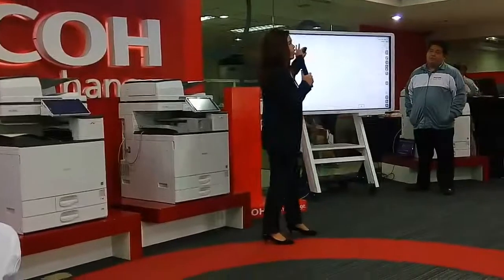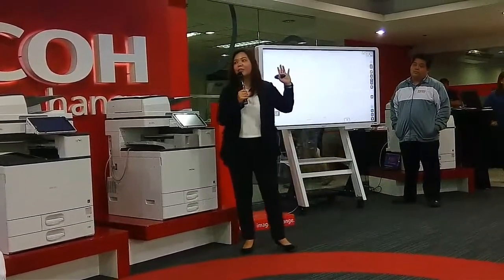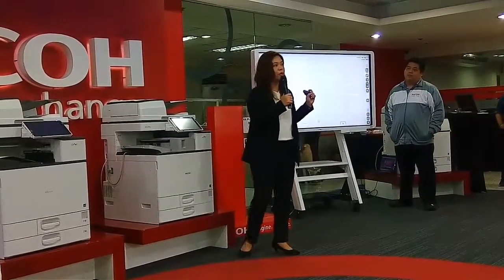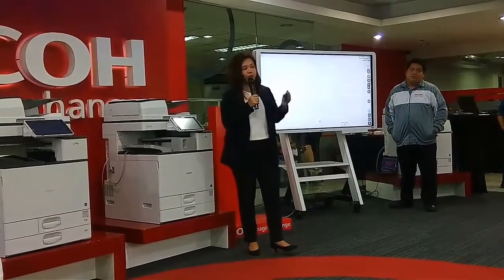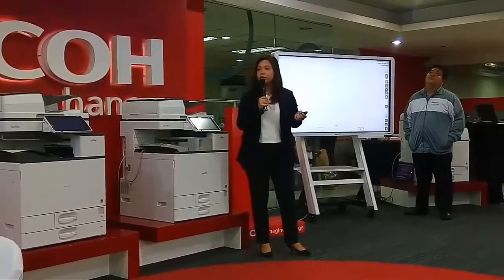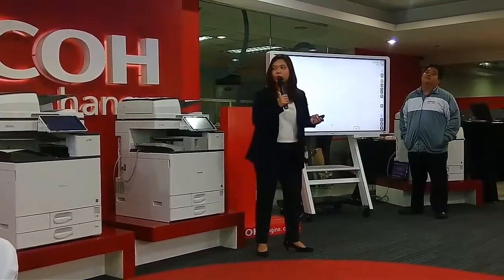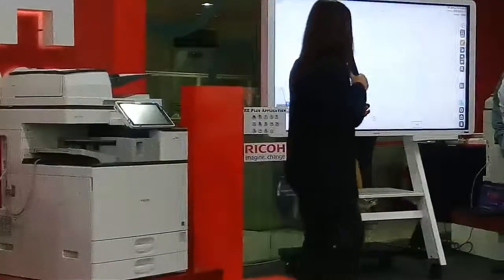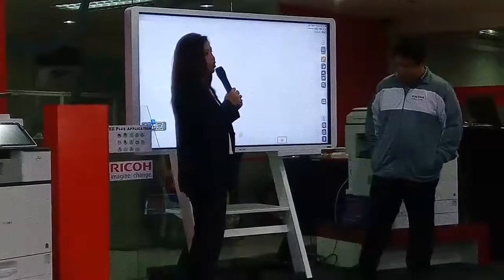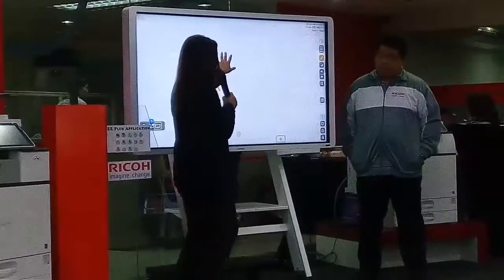So 4 fingers you can use at the same time. It also has embedded stereo speakers and a built-in microphone for video collaboration, which we will demonstrate, and a remote connection license that enables users in different locations to collaborate in real time. So this is our 65-inch full HD interactive whiteboard.